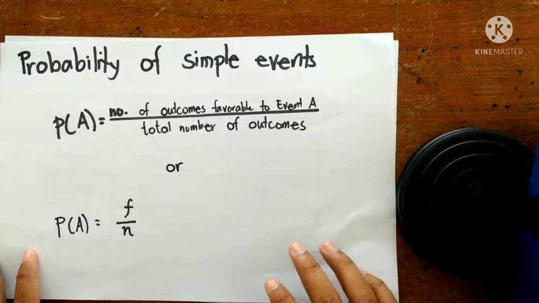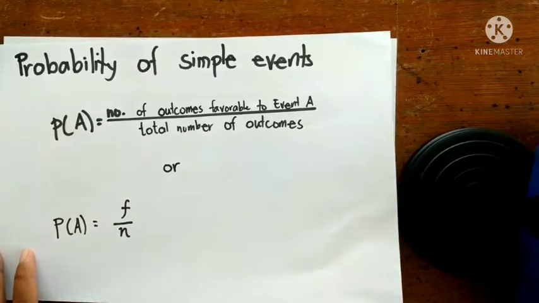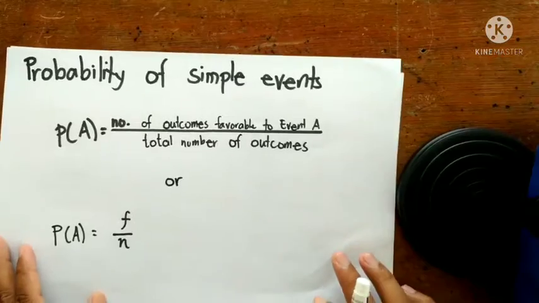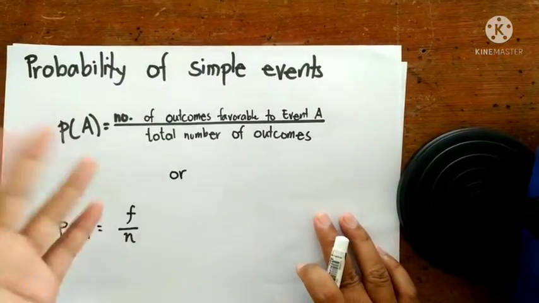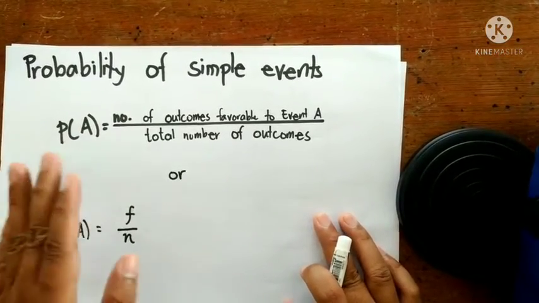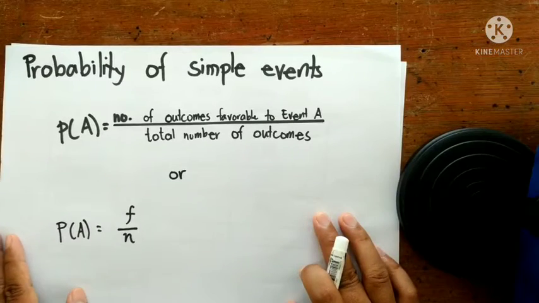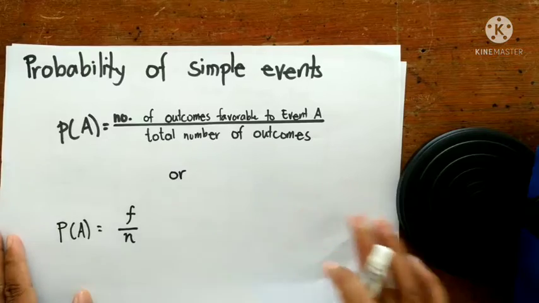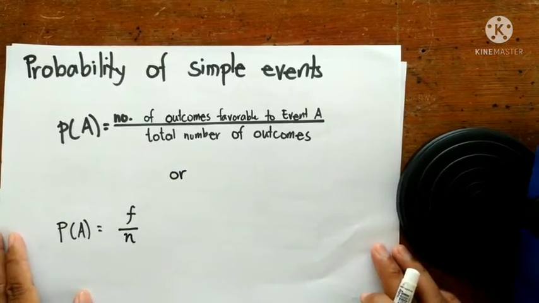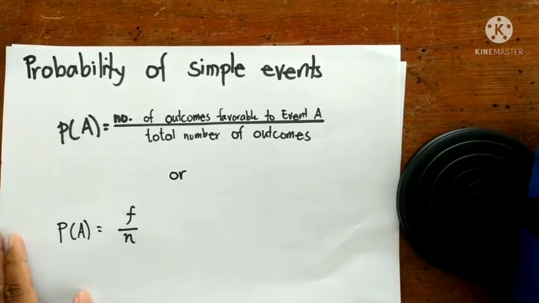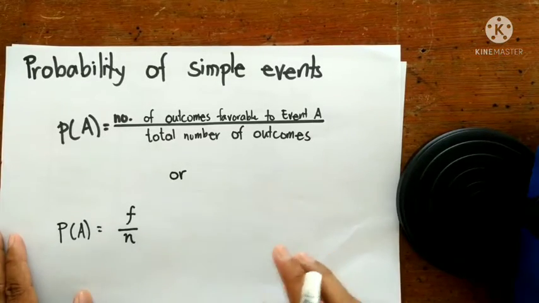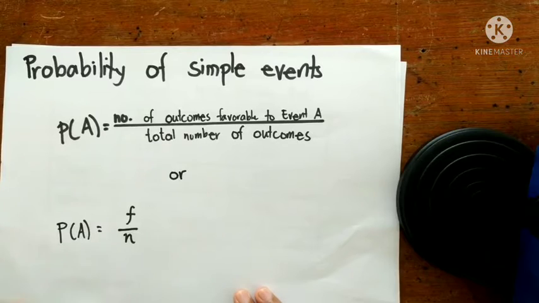Before we continue with calculating and interpreting z-scores, we need to also review what probability is. Probability is a numerical measure which indicates the likelihood of an event. Remember that all probabilities are between 0 and 1, inclusive. A probability of 0 means that the event is impossible, and a probability of 1 means that the event is certain.